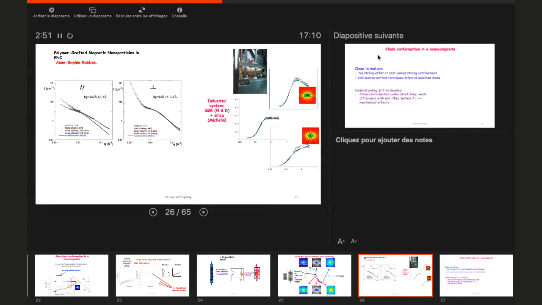Okay. Well, I would dream to do it, but we did not. The reason is mostly that we must, in this case, get rid of the signal of the corona. To do that, we need to graft chains made of a mixture of normal and deuterated monomer, so that they would not be distinguishable from the matrix ones. Then we could do a zero average contrast by adding some normal and deuterated chains.